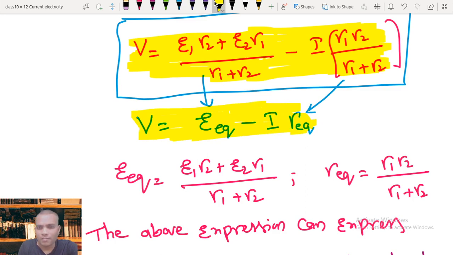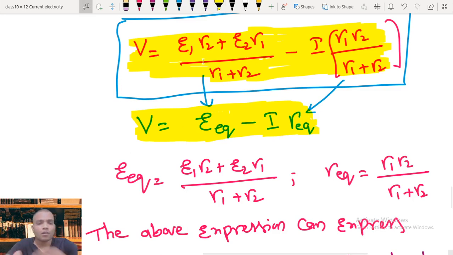The form of the expression won't change, only the EMF term for the n cells changes when connected in series and when connected in parallel. If you practice two or three times, it will be easy.